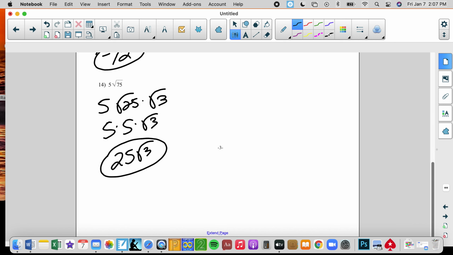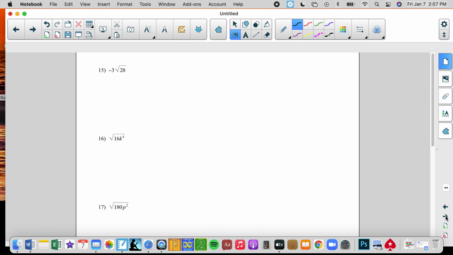In recognizing numbers and their factors, that's why it's important to really know your multiples, your divisibility rules, all of those things. So 28, I'm going to do rad 4, rad 7. Why did I not choose 2 and 14? Because neither is a perfect square. So that doesn't help me.